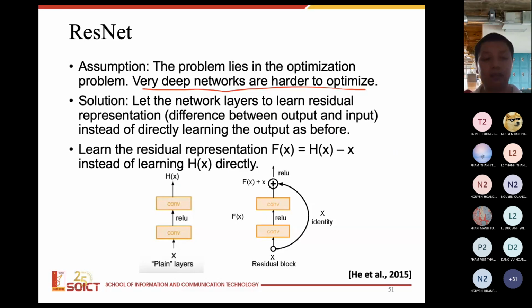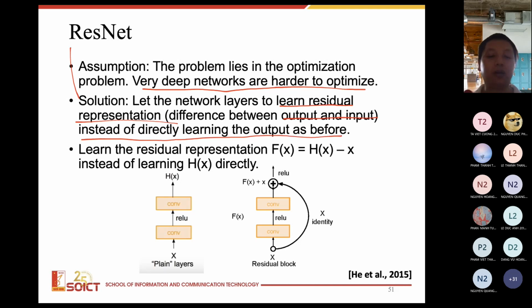So the solution of ResNet is this: let the network layers learn the residual representation. The residual means the difference between the output and input, instead of directly learning the output as before.